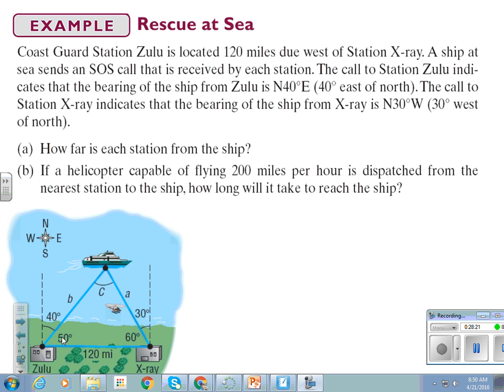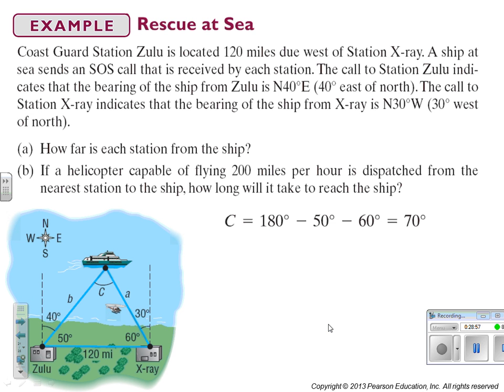Since it's a 90 degree total, that leaves 50 degrees for the interior of our triangle. Same thing with X-ray. We know that our ship is 30 degrees northwest of our station. That leaves 60 degrees on the interior of the triangle. So we know 50, we know 60, we know 120, we don't know B, we don't know C, and we don't know A.